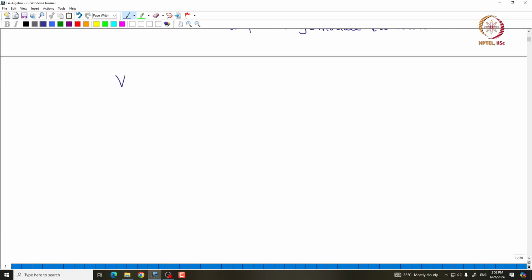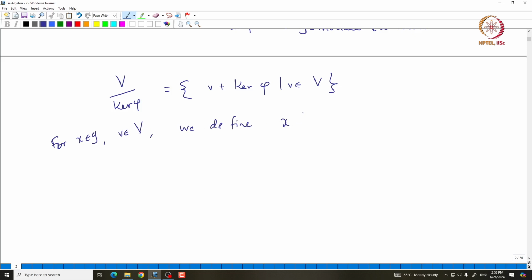Recall that V modulo the kernel phi is nothing but all possible cosets v plus kernel phi, where v comes from capital V. Now, we define the action of G that is inherited from the ambient module V. For x in G and v in capital V, we define x acting on v plus kernel phi to be just xv plus kernel phi. So, this is how the action is defined.